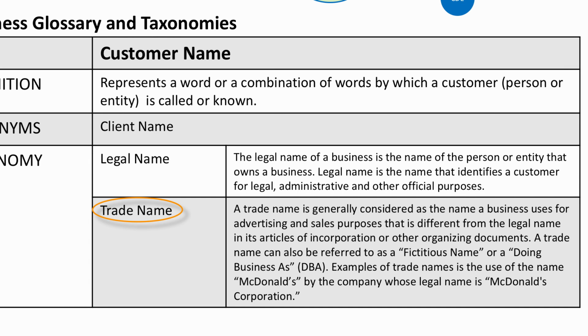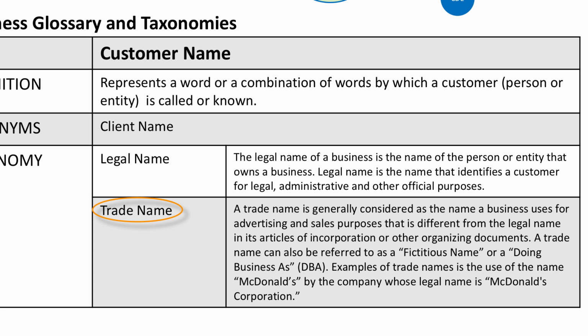A trade name is generally considered the name a business uses for advertising and sales purposes, that is different from the legal name in its articles of incorporation or other organizing documents. A trade name can also be referred to as a fictitious name or a doing business as.